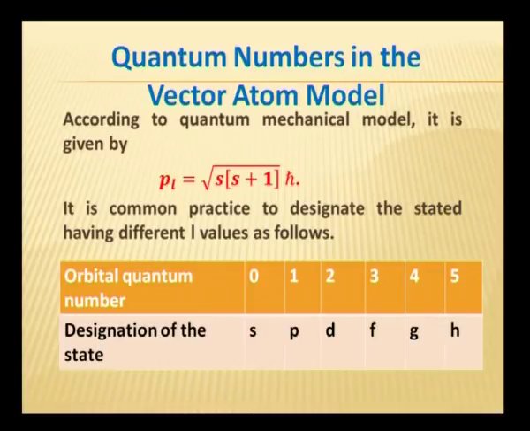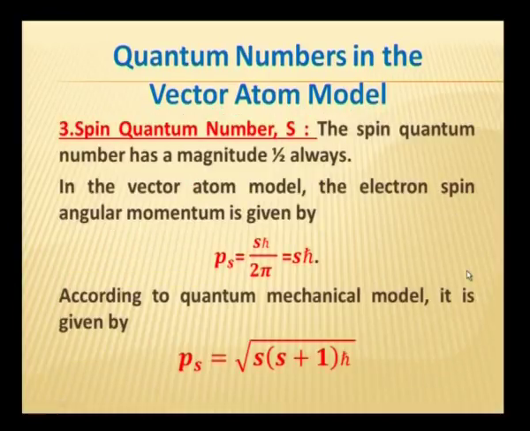In a given shell, the first subshell is designated by the letter S. You know S, P, D, F, these things you have studied in high school. So you have an electron in the S state, P state, D state, and so on. L is 0 means S state, this is a P state, D state. So the values of L are given here and correspondingly written.